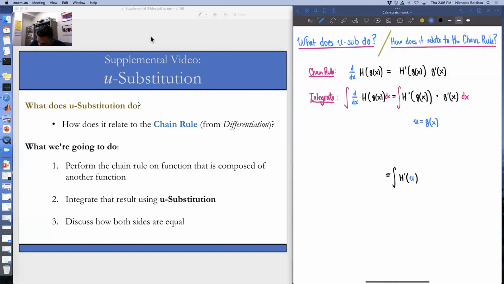And now we haven't changed that g prime of x that's in the integrand, so that thing still stays. But the last thing we get to do is change that dx into the new integration variable, a du, for us. And the way we do that is through differentiating our substitution. So again, we're going to look at our u, and we want to differentiate that with respect to x.